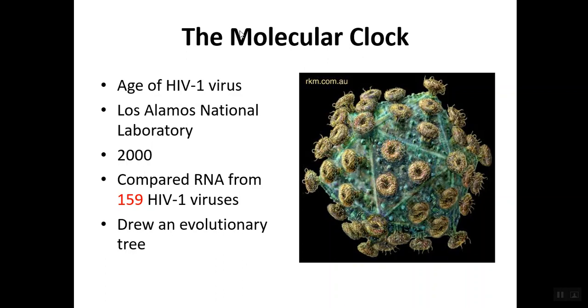So the molecular clock has been used to look at mutations of 159 HIV-1 viruses and understand when we think that jump was made between chimps or monkeys and humans.